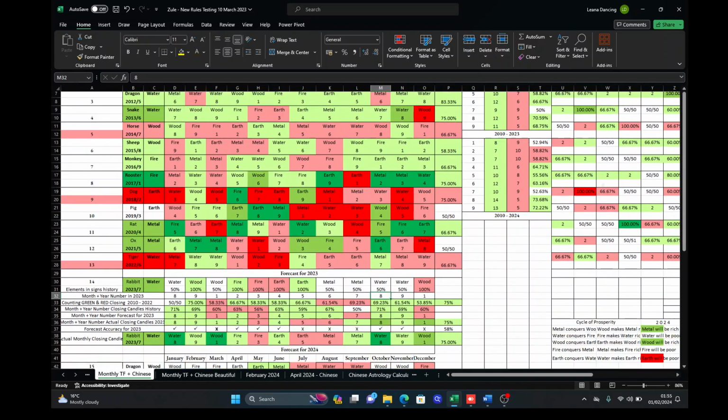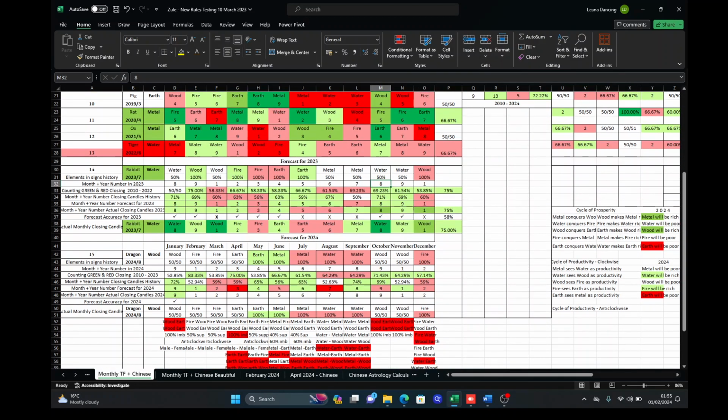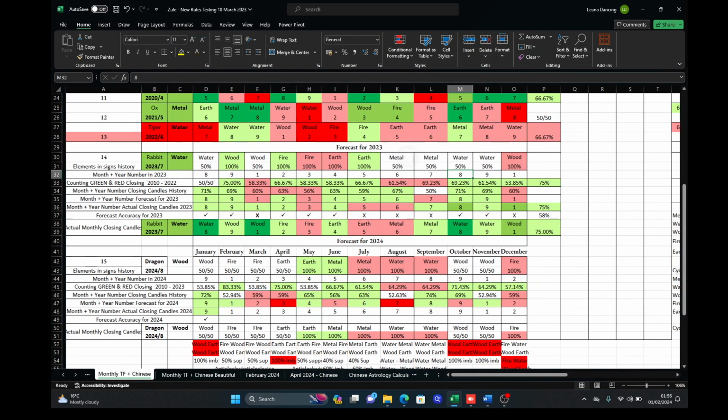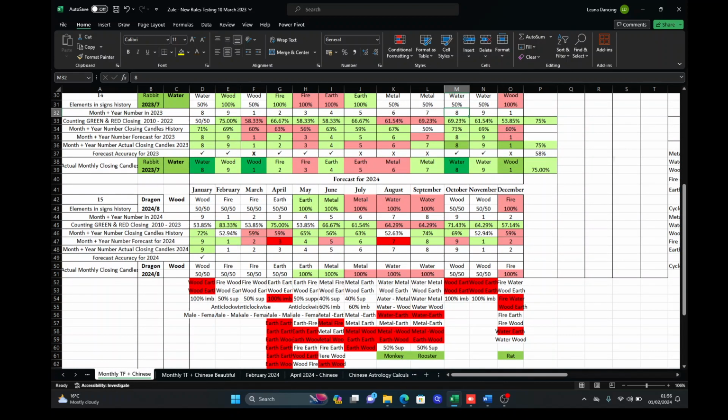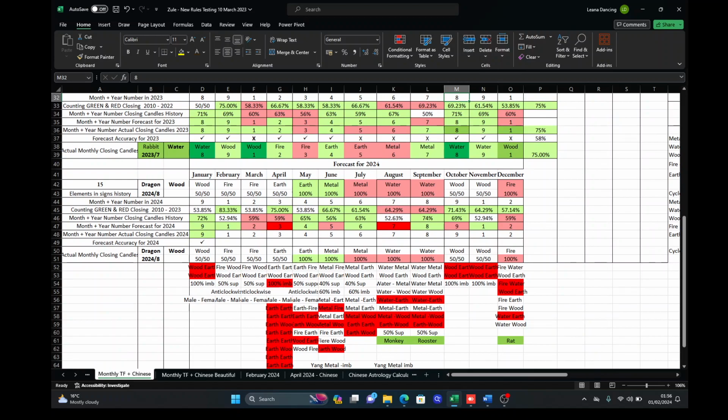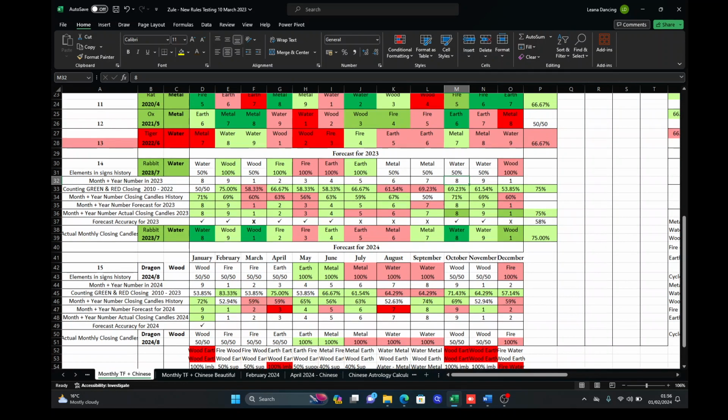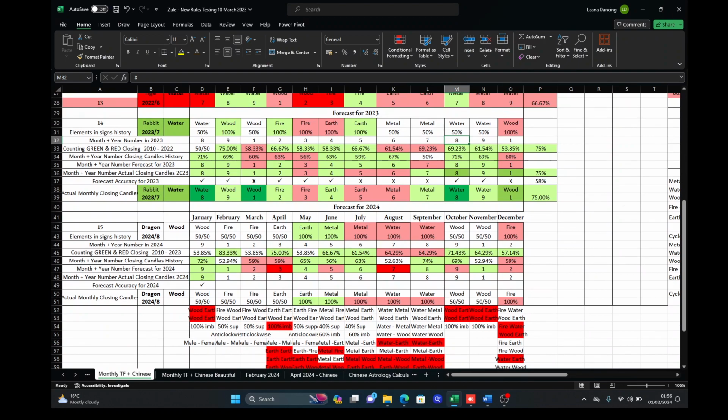But I'm very happy to share my spreadsheet with you so you can see the forecasts. And for those of you who want to learn the system and use this spreadsheet as a template for future years, I will be happy to explain the system.